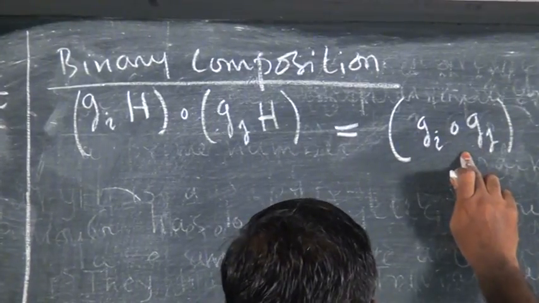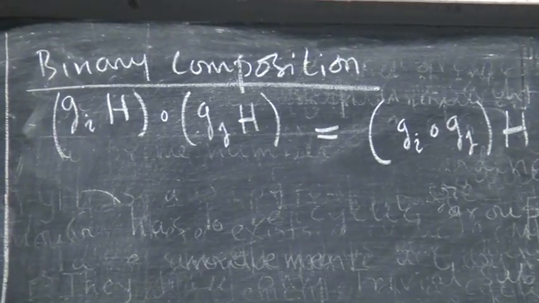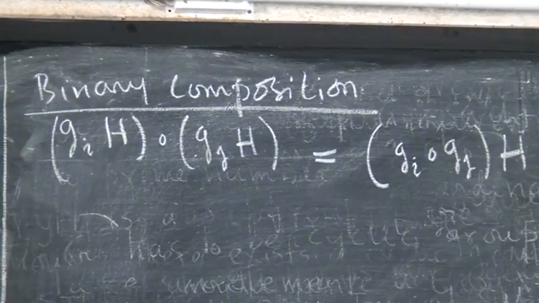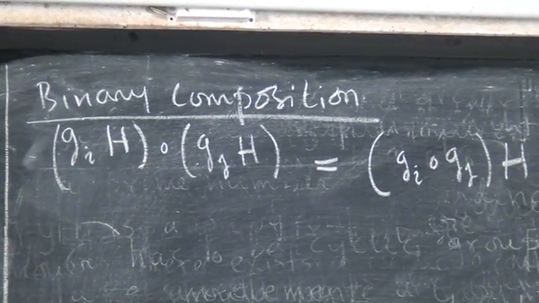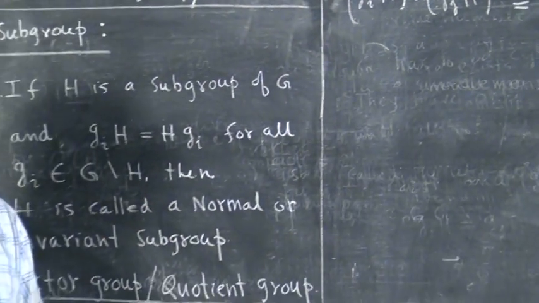This is another element, right? That element, take the coset with that element. Now you know this, if you take any two elements here, compose them like this, the third element also will be in the same set. So like that you can show all the group axioms.